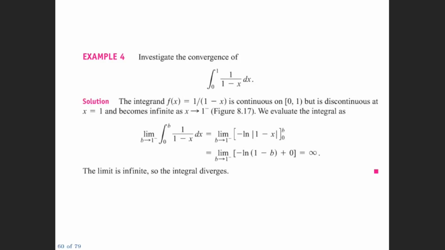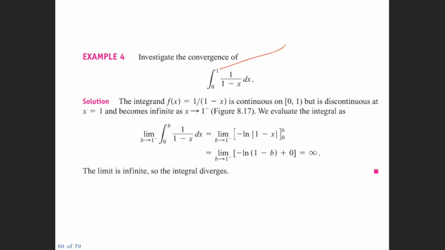For example, investigate the convergence of the integral between 0 and 1 of 1 over 1 minus x dx. This integral is continuous between 0 and 1, but it's discontinuous at 1.